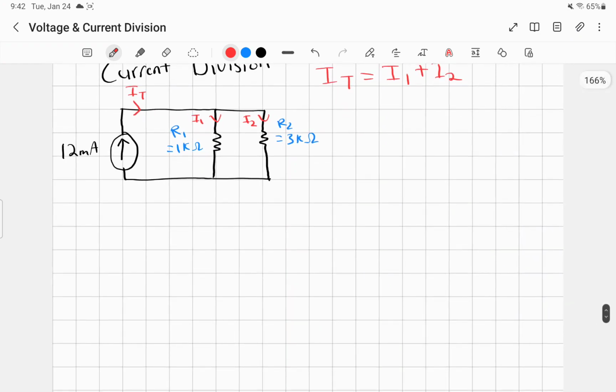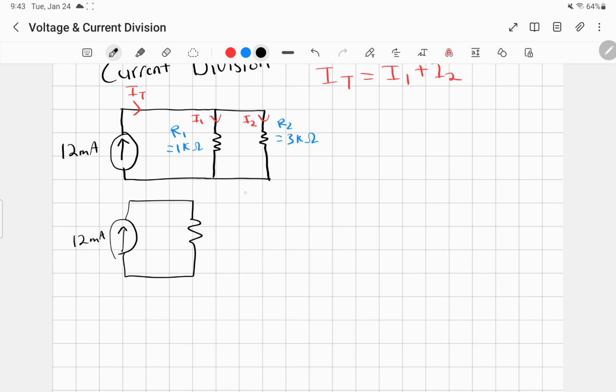So again, we're going to find the equivalent resistance, and that shouldn't be too difficult. I apologize for picking maybe not the best numbers, but when we add these two resistors up in parallel, what we get is the following resistance.